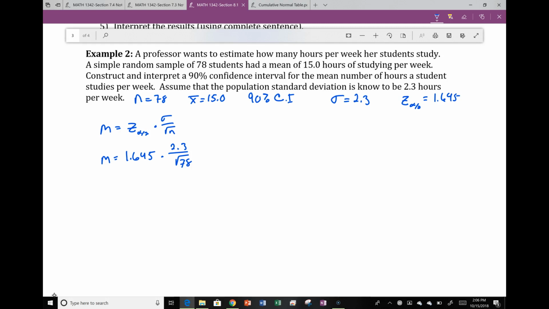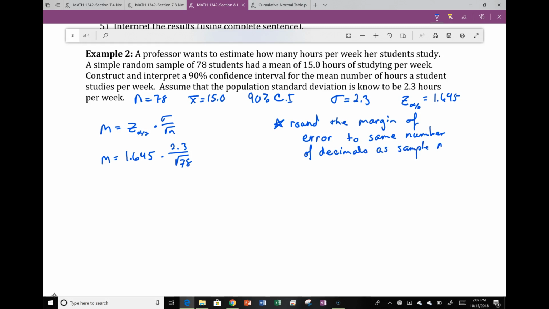When we're calculating these, we want to make sure to round the margin of error, which is our m, to the same number of decimal places as our sample mean, because we've rounded the sample mean according to our data.